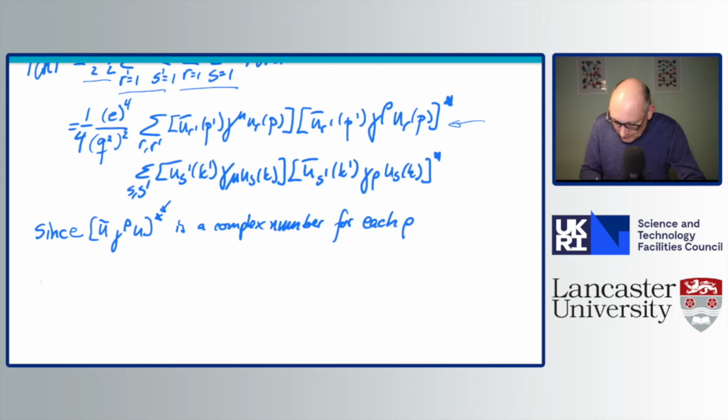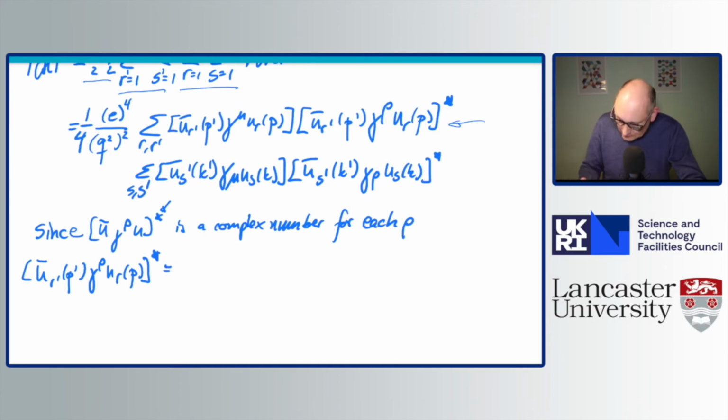And then what we find is that u bar for spin r prime of p prime gamma rho u spin r of p, complex conjugated, the bit that we have up here.